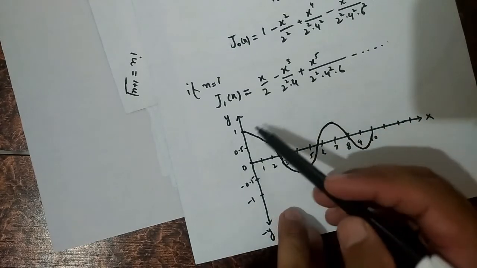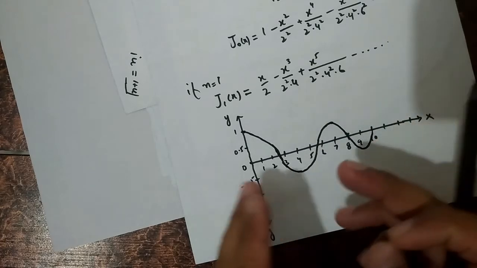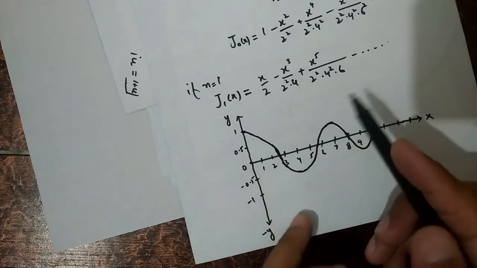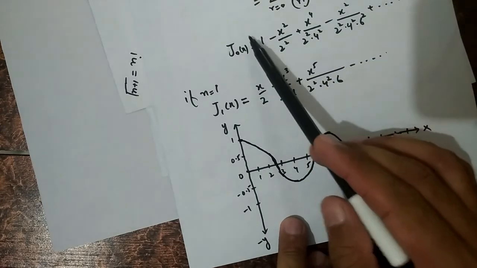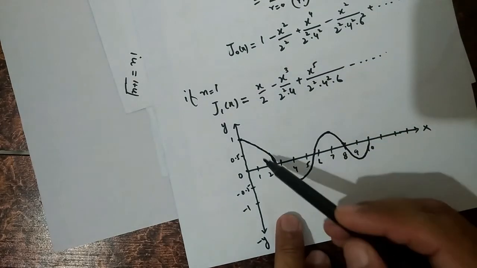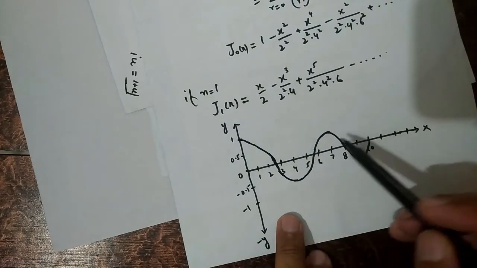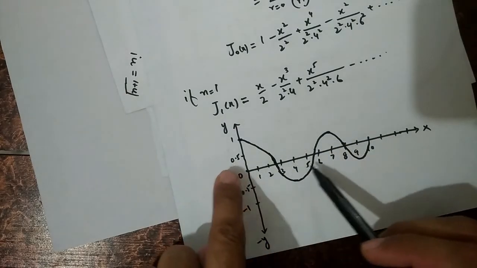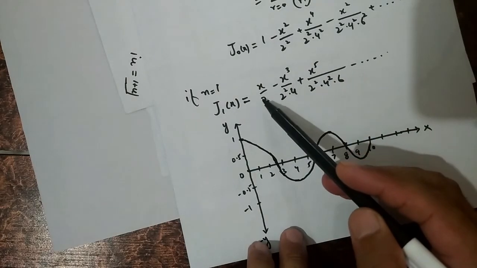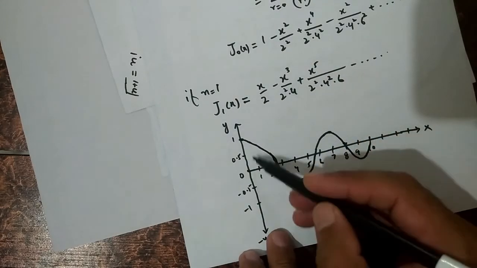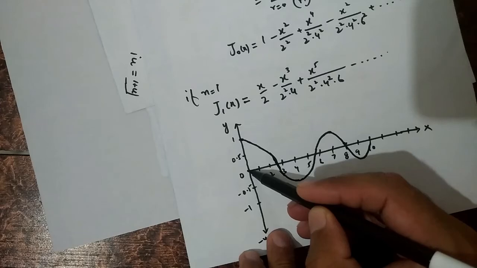So you can see that this function J naught x is an oscillatory function, the period of this function is varying, and it has decreasing amplitude. Similarly, if we plot the other function, it will give us like this one.